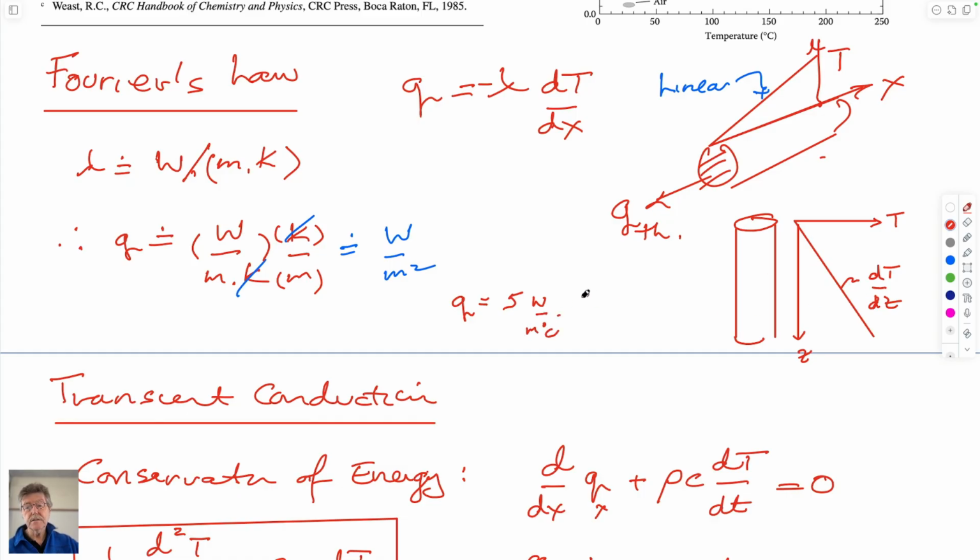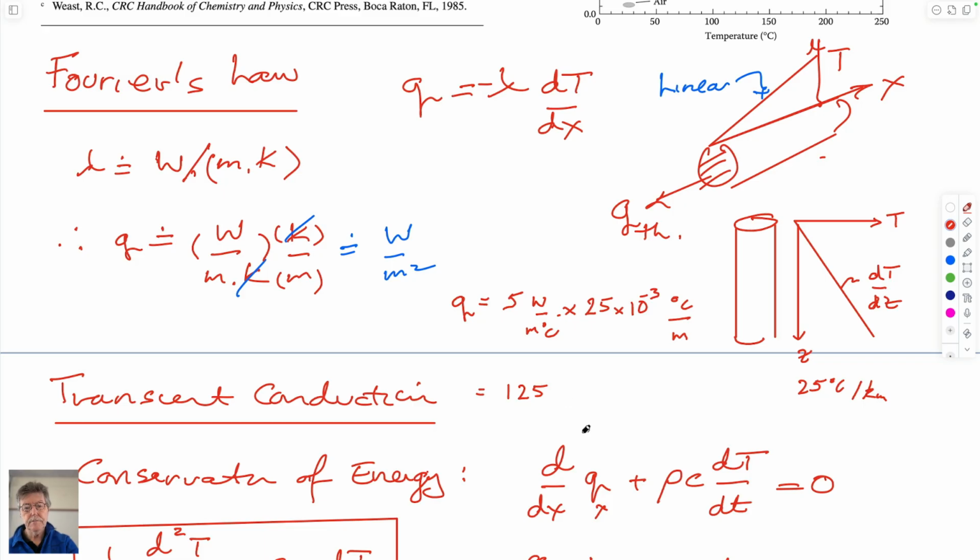We know that the heat flux is of the order of 25 degrees centigrade per kilometer. So if you multiply this by 25 times 10 to the minus 3 degrees C per meter, the minus 3 is just the conversion to get from kilometers to meters, then we end up with 125 watts per meter squared.